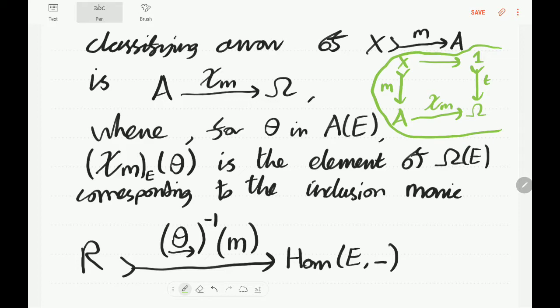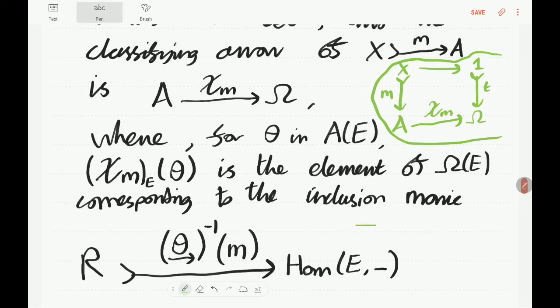Okay, so this is a little bit cryptic, but then again, sub-object classifiers are pretty complicated. And also it's true that obviously this chi M is the unique arrow from A to omega with this property. It would have to be for this thing to be a sub-object classifier.